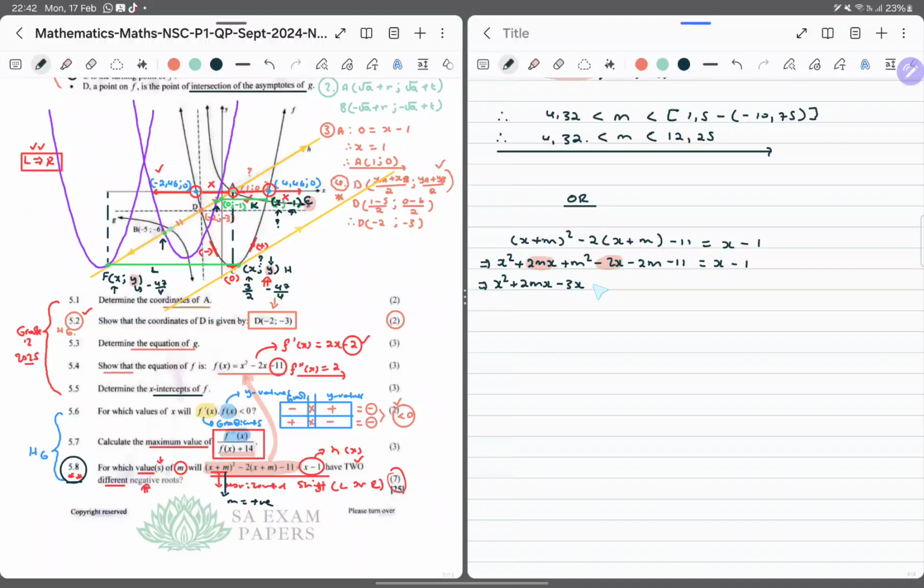Then plus m squared minus 2m minus 11 plus 1 is going to be minus 10 equal to 0. And then we solve this now by writing it in standard form. So we've got x squared plus 2m minus 3x plus m squared minus 2m minus 10 equal to 0.